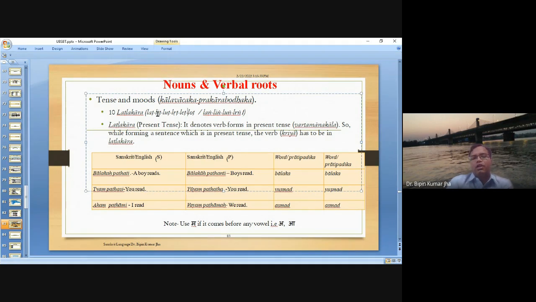A, I, U, Ri, E, O, like this one: lat, lit, lut, lrit, let, and lot. And again, those ending with n, the fifth of ka, kha, ga, gha, nga, that is lang. Again in the same way: A, I, U, Ri: lang, ling, lung, and lrung. So these are 10 lakaras.